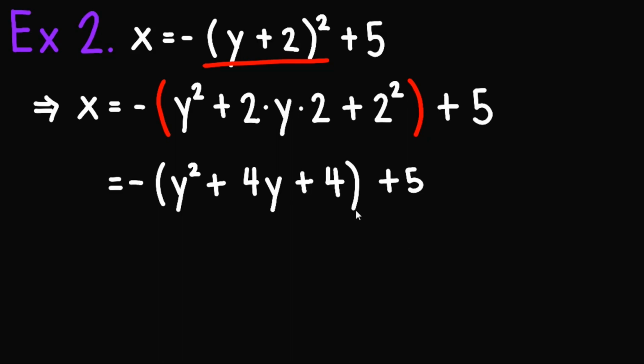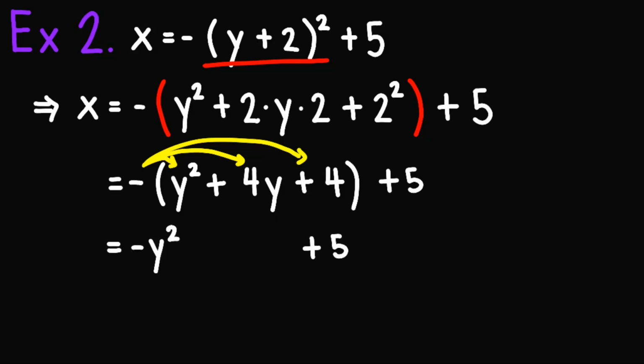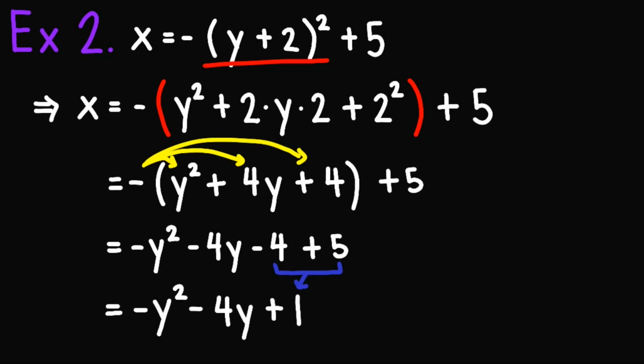So we'll have this. And since we have a negative sign out here, we distribute that one. So we distribute this to each of these terms. So we'll have negative y squared minus 4y minus 4. Then adding these two up, we'll obtain negative y squared minus 4y plus 1.